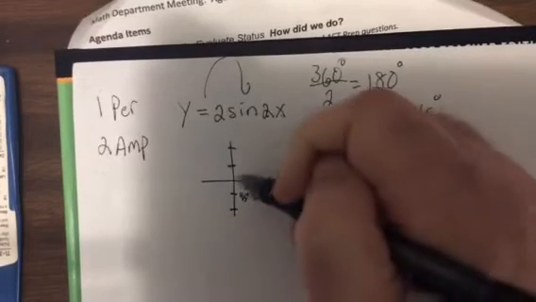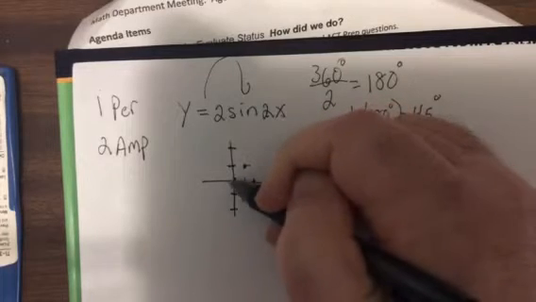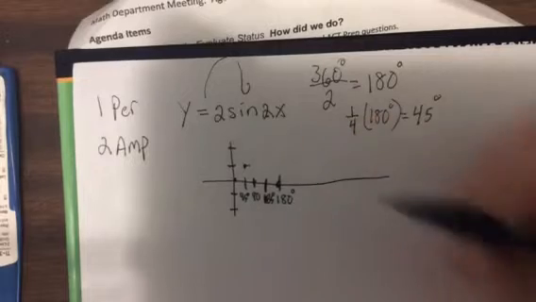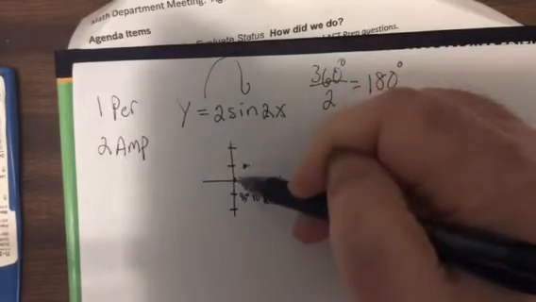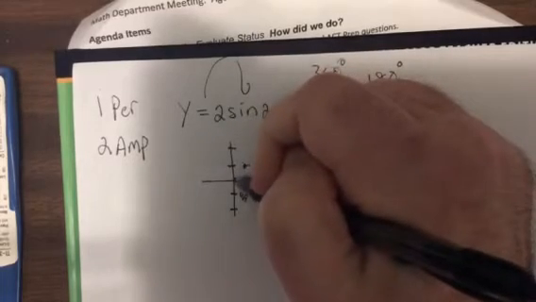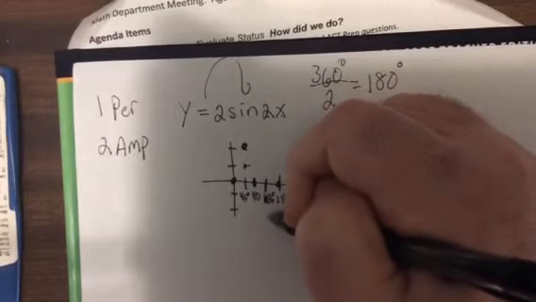Now we know that sine goes 0, max, 0, min, 0. Now I'm going to take this and multiply everything by 2. So 0 times 2, 1 times 2, 0.